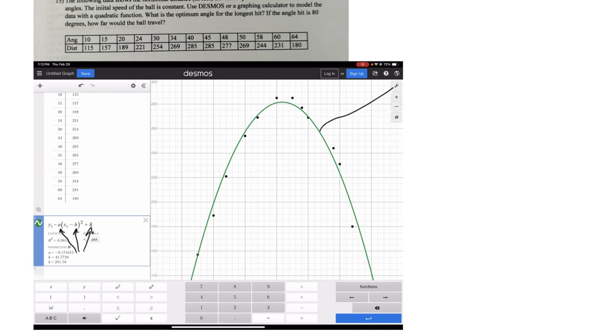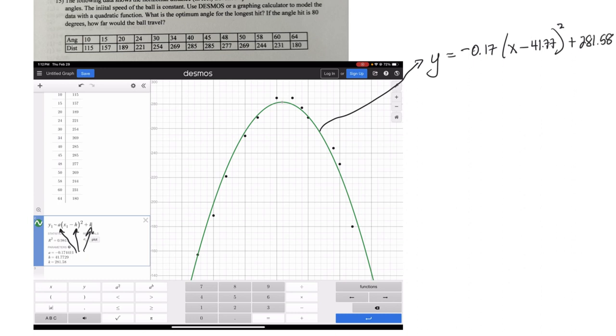So this green line, I could write it as y is equal to, the A value is negative, let's go to 2 decimal places, negative 0.17, and then x minus the h value is 41.77 squared plus my k value 281.58.